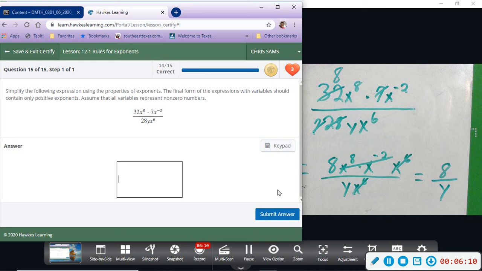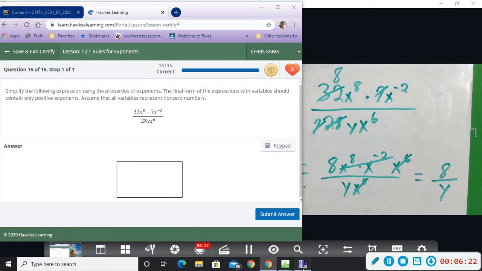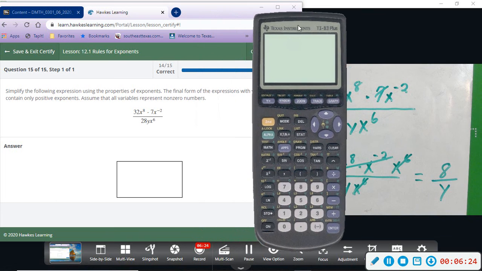Now you can start out and you can multiply these, the 32 and 7, and then divide by 28. You can do that just fine. I'll show you with the calculator. You got to do it one step at a time though.